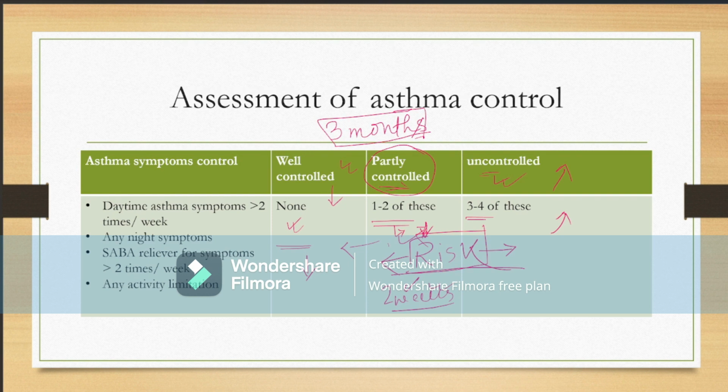If the patient is well controlled, then we continue the therapy. If the patient is partly controlled or uncontrolled, then we step up the therapy. In case of uncontrolled, we start stepping up the therapy, and also we do the modification of the risk factors.